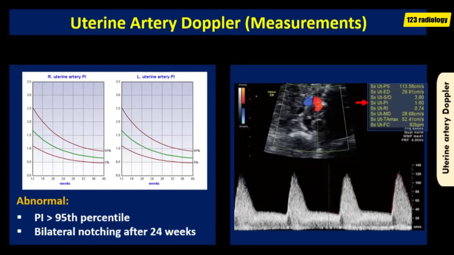An abnormal waveform is characterized by a high pulsatility index above the 95th percentile for gestational age. Persistence of bilateral diastolic notch beyond 24 weeks of gestation is also abnormal. Therefore, uterine artery Doppler can be used to help predict preeclampsia or fetal growth restriction.